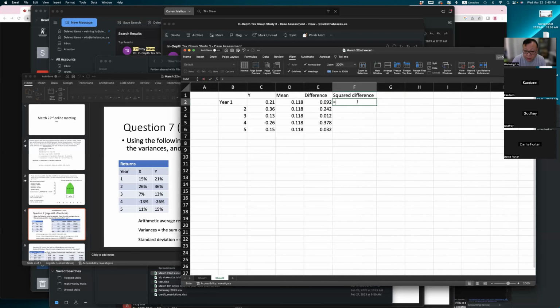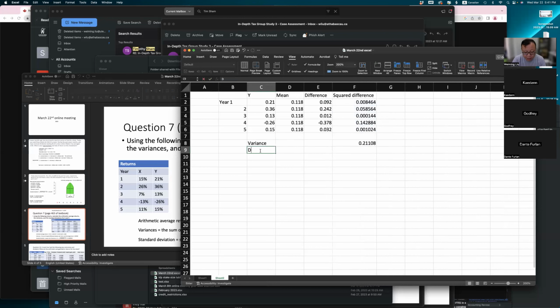So I'm going to use this number divided by 2. Okay, so now my variance would be the sum, right? I'm going to do a sum here.